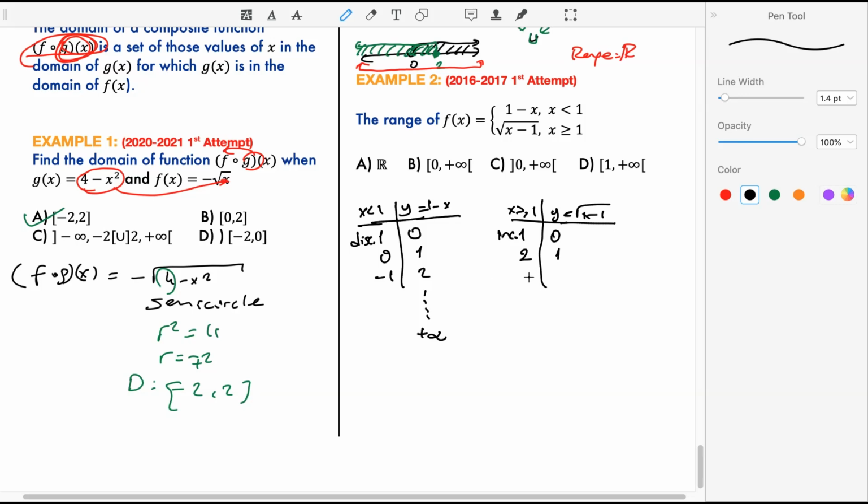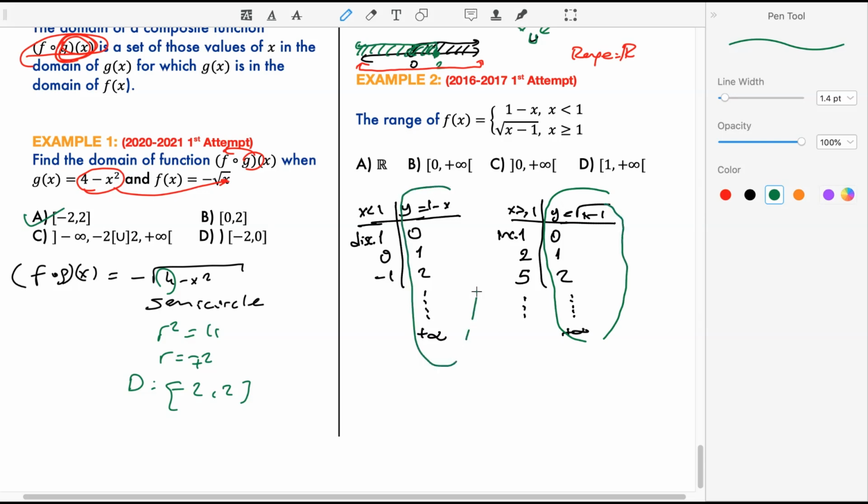It's okay. Like 5, for example. When x is 5, it's greater than 1. When x is 5, 5 minus 1 is 4. Square root of 4 is 2. And so on. As you give numbers bigger than 1, y values are increasing. 0, 1, 2, and so on. Goes to positive infinity.